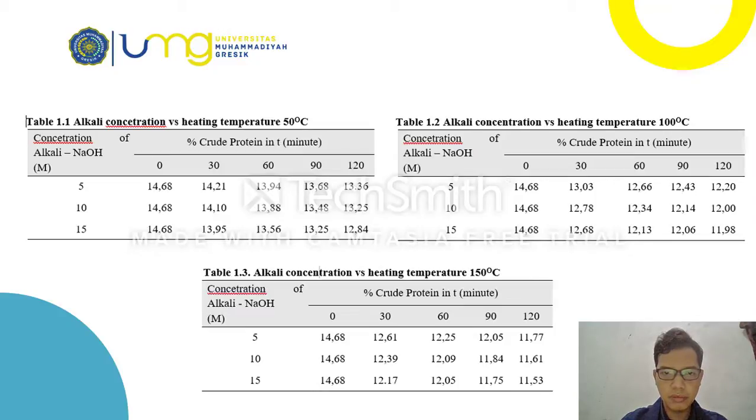You see? It's not significantly different from using 10 molar sodium hydroxide. So using the lower concentration will save more volume, money, and time in making chitin.